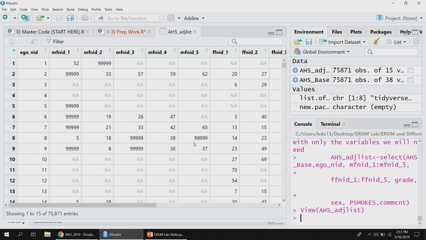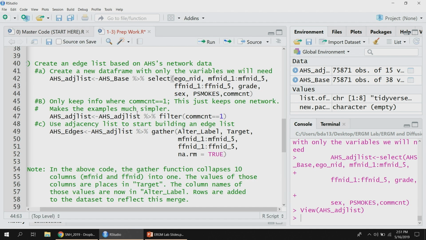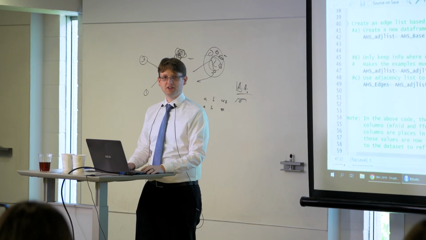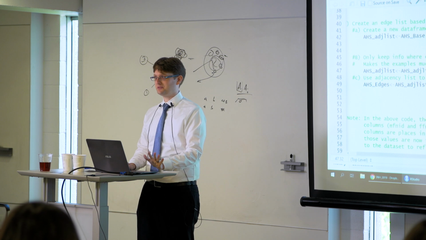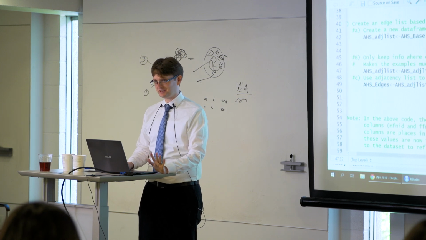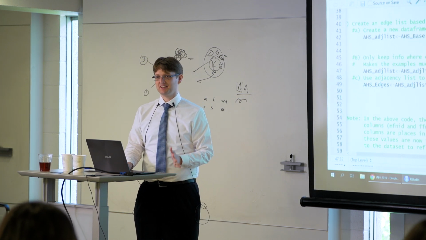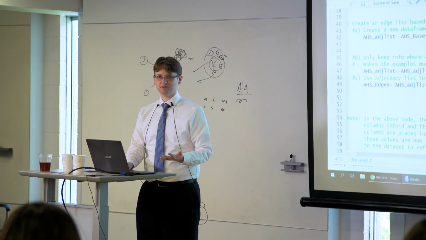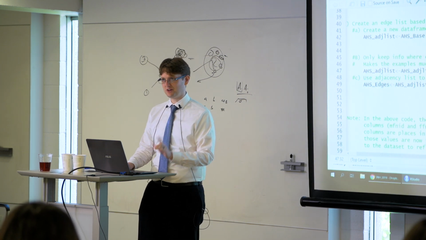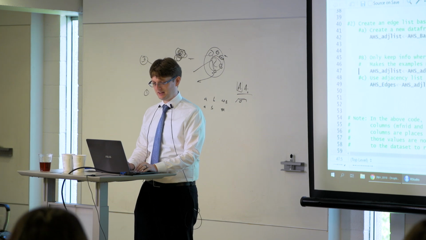All right, so this data set has tons of different simulated schools, and we're going to just focus on the first one. The reason why is because a lot of the functions that we learned earlier today get really complicated when you have multiple different networks. So we're just focusing on one network. That's what this is doing.